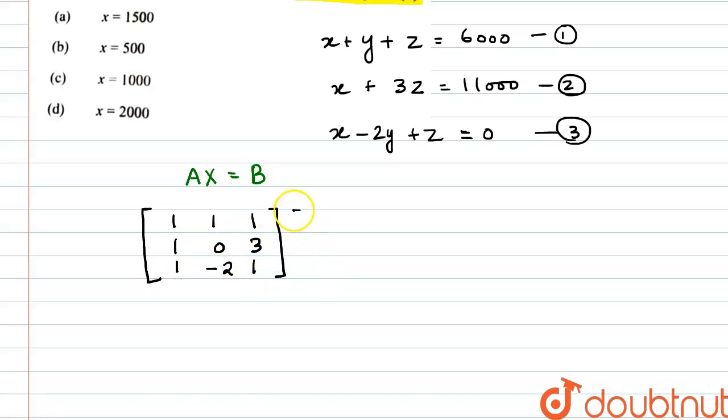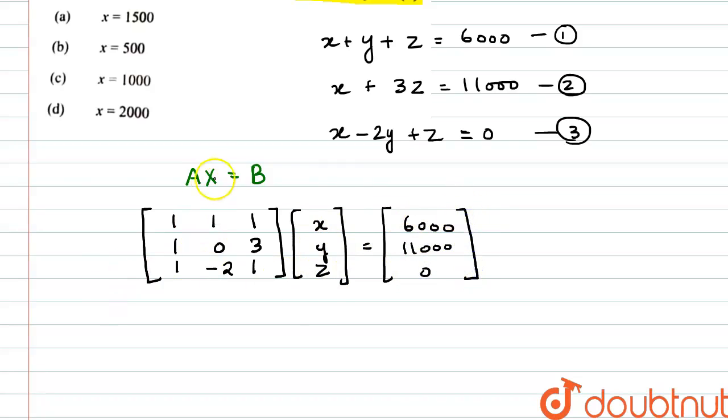And the X matrix is X, Y, Z, and the matrix B is 6,000, 11,000 and 0. This is our B matrix. So AX is equal to B. If we take A to the other side, we have to find X, so our X will be A inverse B. That means all we have to find here is A inverse. If we find A inverse, we can find out our X value.